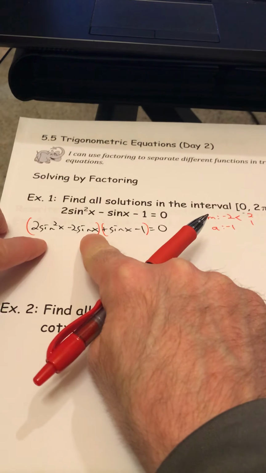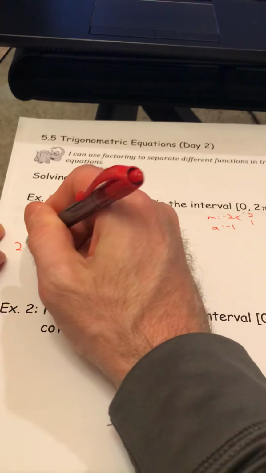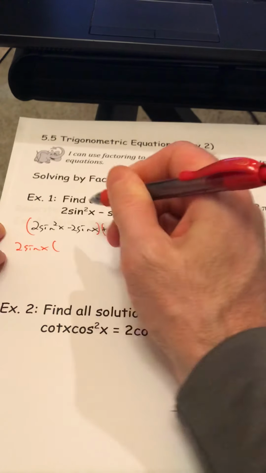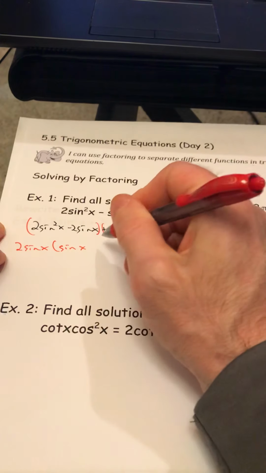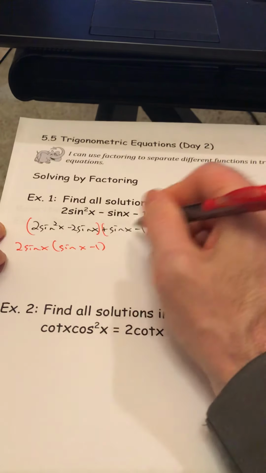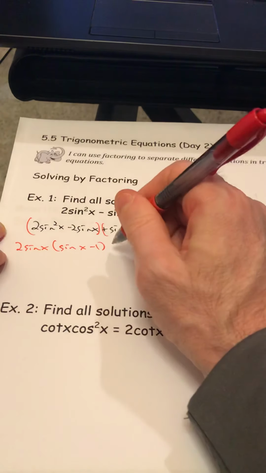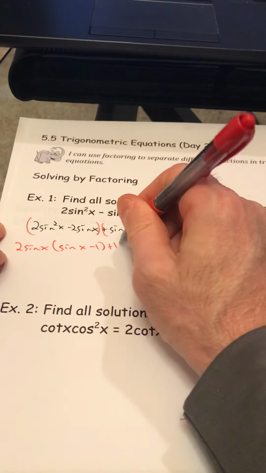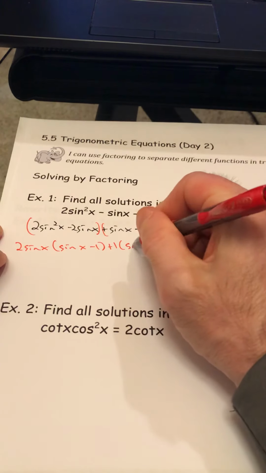Out of 2 sine squared x minus 2 sine x, I can factor out a 2 sine x, leaving sine x minus 1. Out of sine x minus 1, the only thing you can factor out is technically a positive 1. I do like to actually write that as your placeholder.